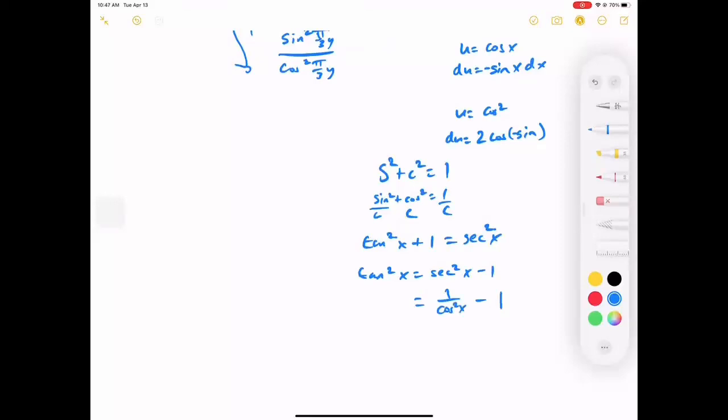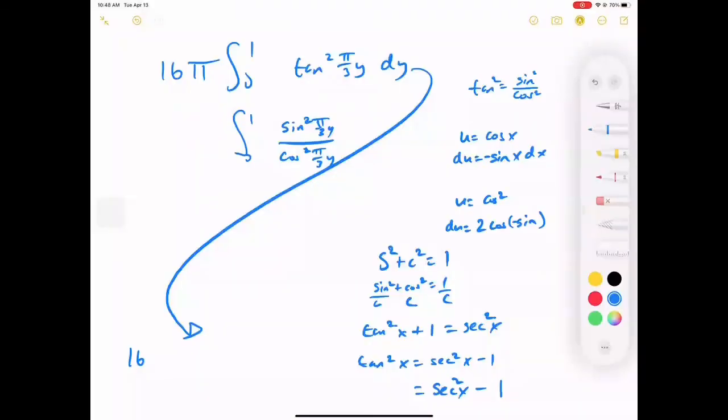Let me think. Is there a way for us to get secant squared? I'm trying to remember the derivatives.